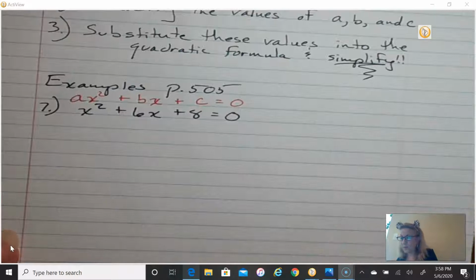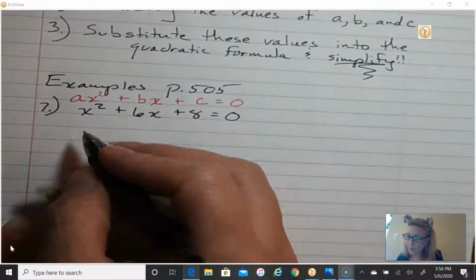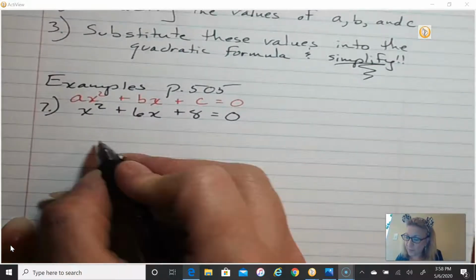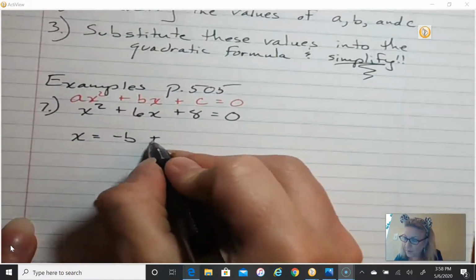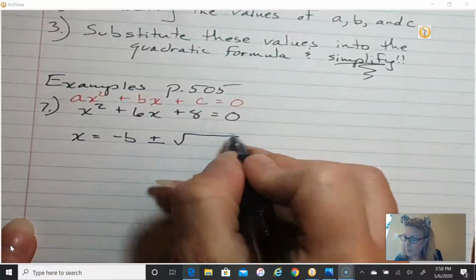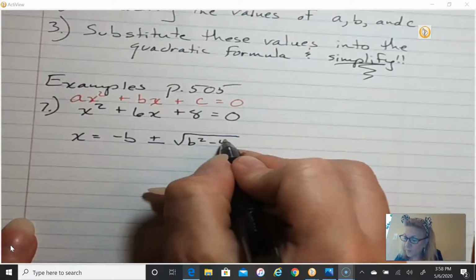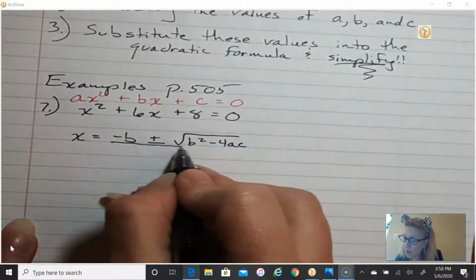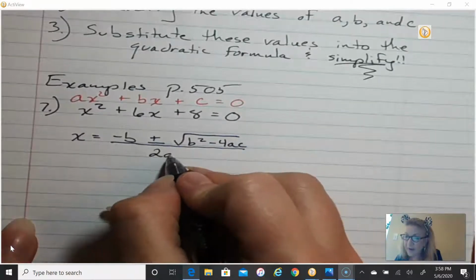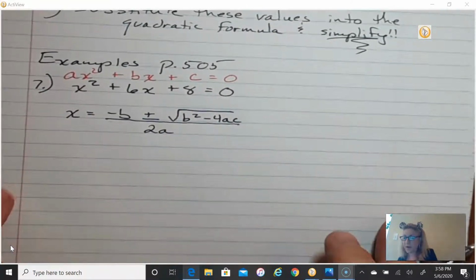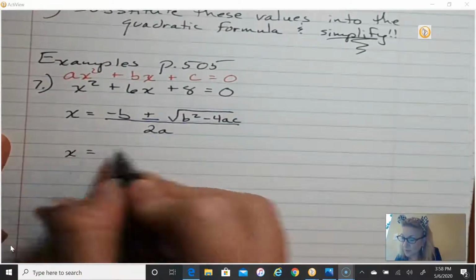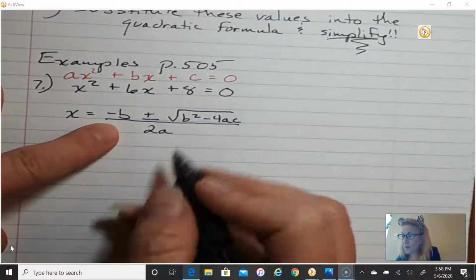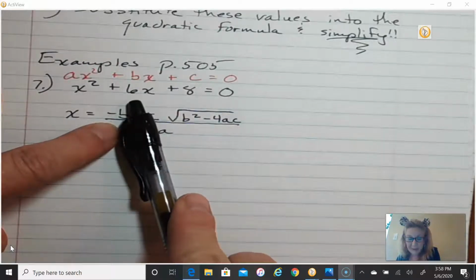The quadratic formula is x equals negative b plus or minus square root of b squared minus 4ac all over 2a. Now we just plug in our information. I have negative b. What is b? 6.